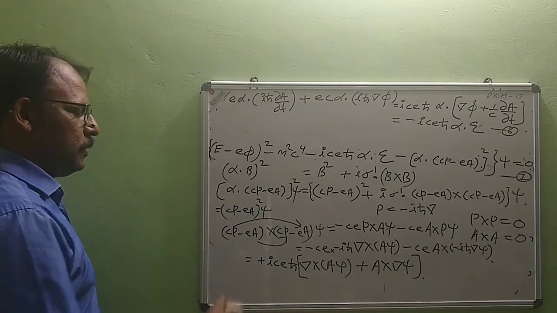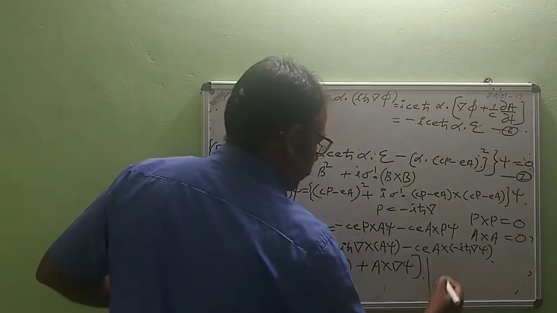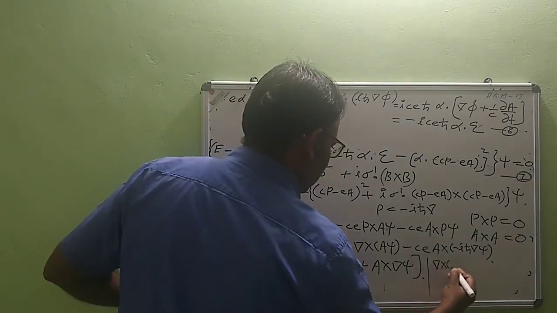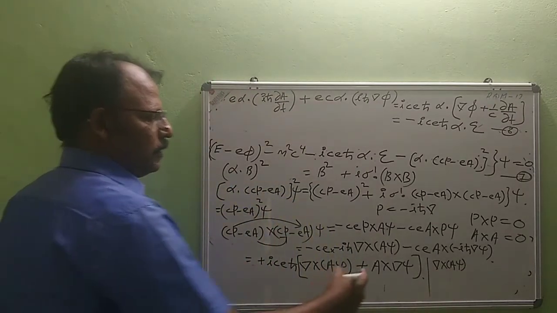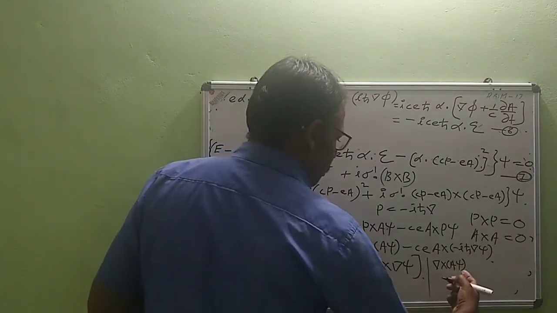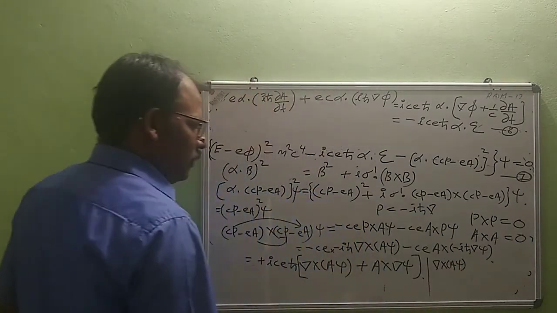Del cross A psi plus A cross del psi. We know the expansion of del cross A psi, where A is a vector function and psi is a scalar function. This is a product of a vector function and a scalar function.